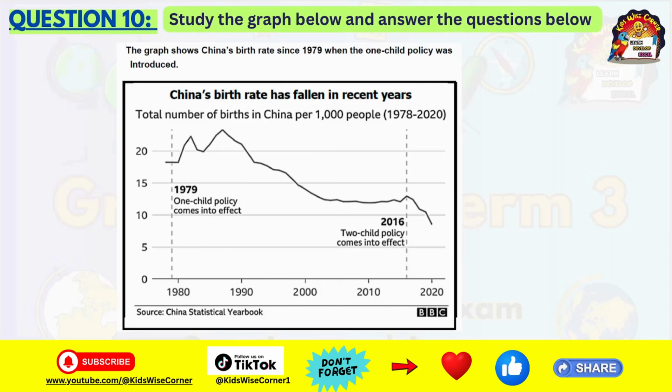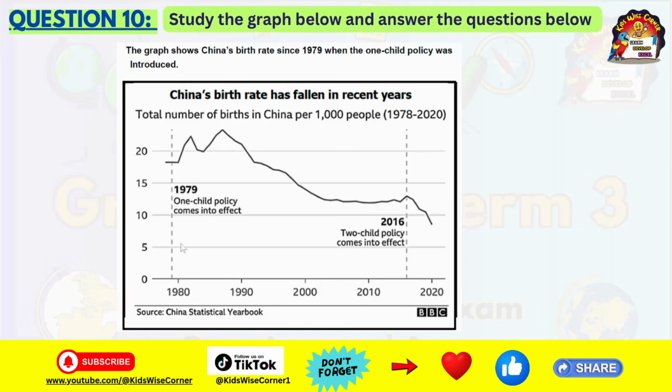Question 10. Study the graph below and answer the questions. The graph shows China's birth rate since 1979 when the one-child policy was introduced. So here I've got China's birth rate has fallen in recent years. Here you've got the total number of births in China per 1,000 people, between the year 1978 and the year 2020.